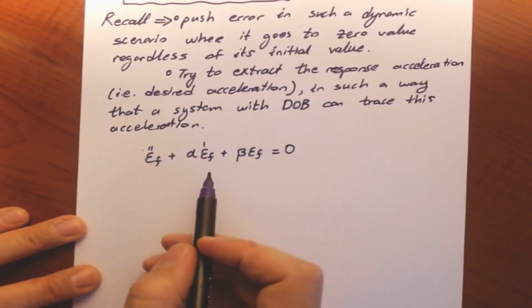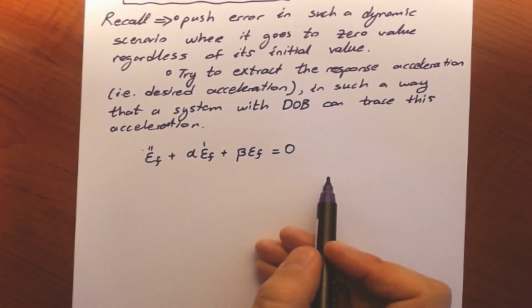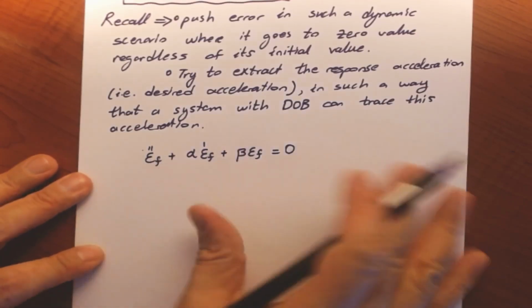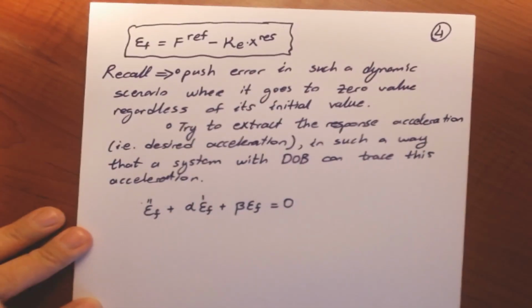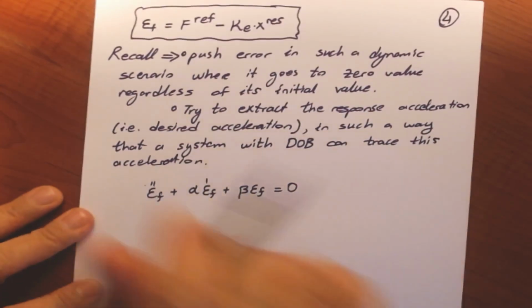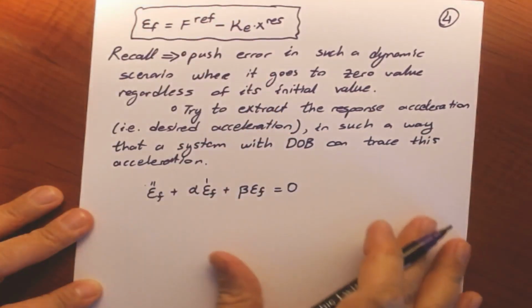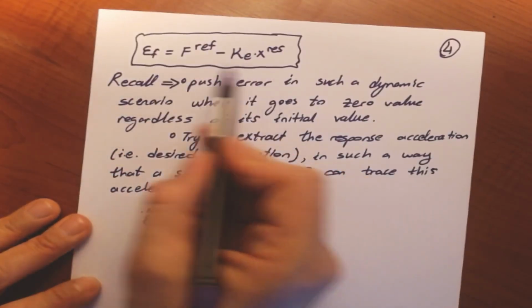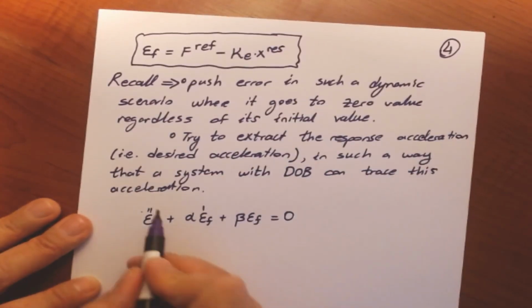That equation was a key equation for pure position control, if you remember. And we will apply the same equation for the force control again. Now let's take that equation from there and substitute it here.